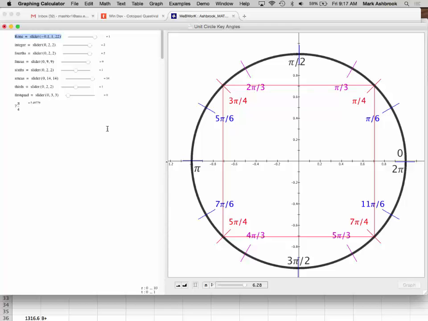Okay, what do I want to do now? So we want to look at, I'm focused here, I've got the pi over 4. So now we've got this angle pi over 4. And what does the number pi over 4 mean? What does that mean?